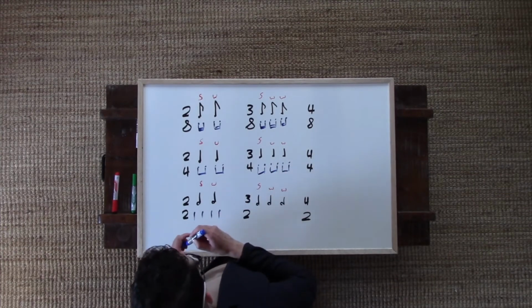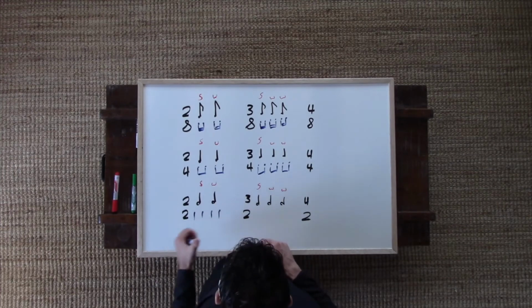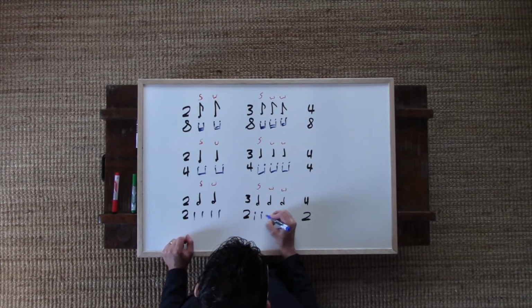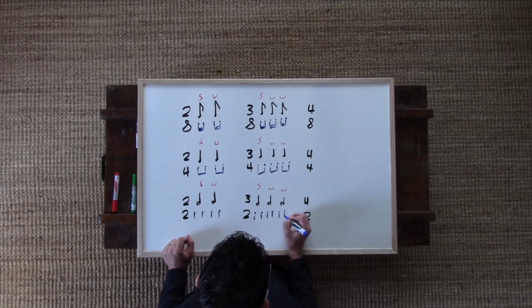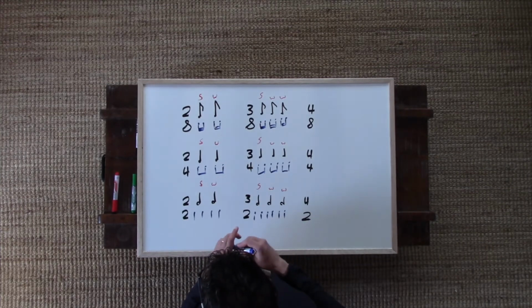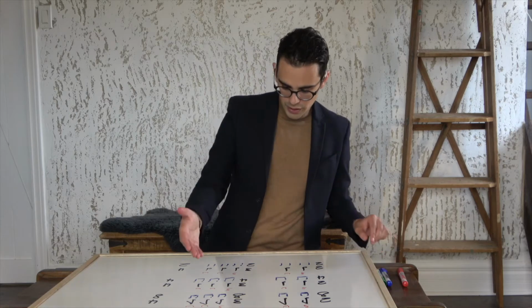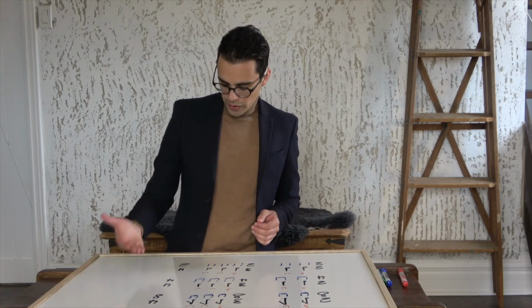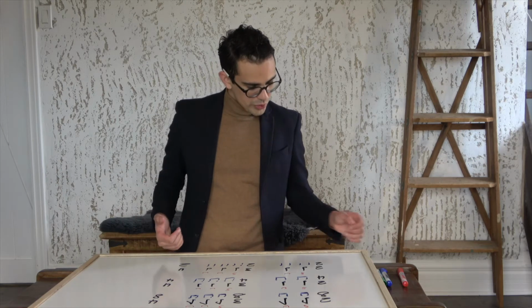And if we are subdividing 3/2, that would be broken up into quarter notes. 1 and 2 and 3 and 1 and 2 and 3 and. So that's this column, and the last column is 4/8, 4/4, and 4/2.